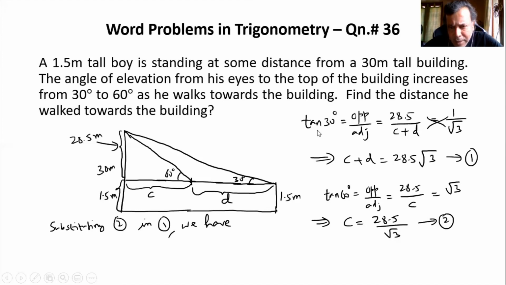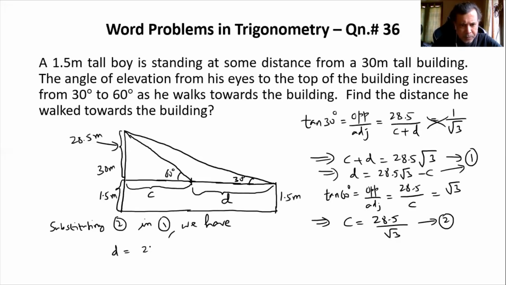I can rewrite this as D is equal to 28.5 root 3 minus C. Now I can substitute the C value over there. So our D will become 28.5 root 3 minus 28.5 by root 3.